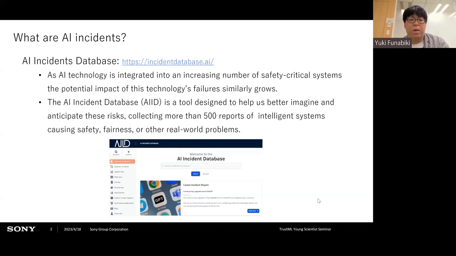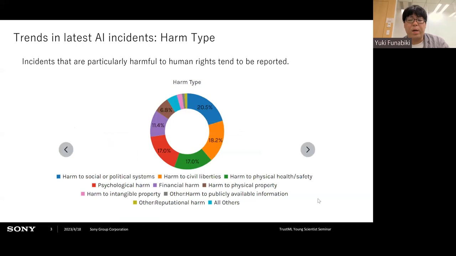At first, I will share some information from this database. The first topic is the harm type. Incidents that are particularly harmful to human rights tend to be reported, for example harm to social and political systems or harm to civil liberties. Of course, there is also financial harm and harm to physical property.